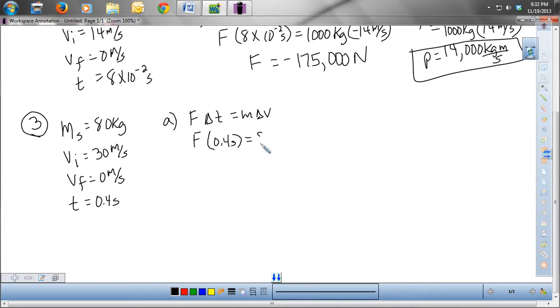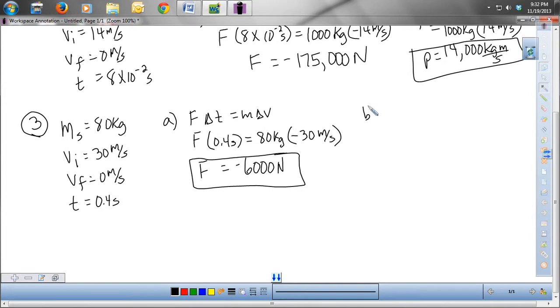Her mass was 80 kilograms. And her change in velocity would be final minus initial, which is a negative 30 meters per second. So the force that she experiences in that situation is a negative 6,000 newtons. And it's negative because it's a retarding force.